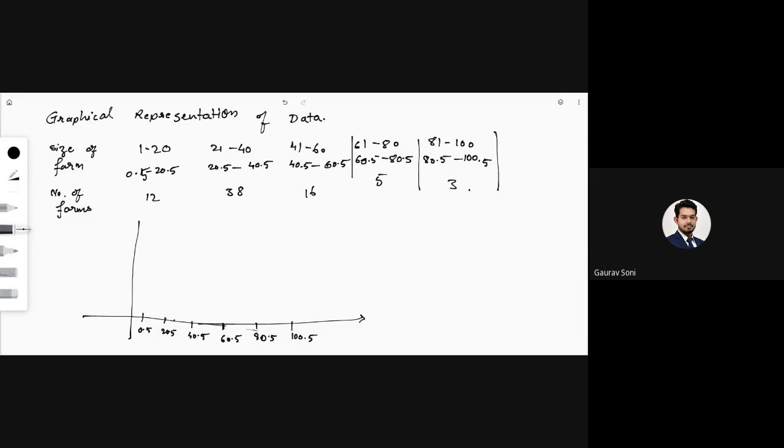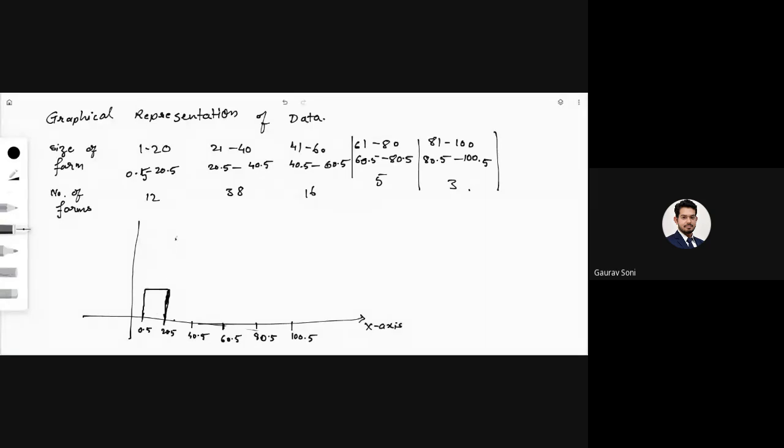Now 0.5 to 20.5, and what we do is we have class intervals on the x-axis, and then the frequencies are taken on the y-axis. So say here it is 12. So I'll make a rectangle whose base is on the x-axis and its height is taken as the frequency.